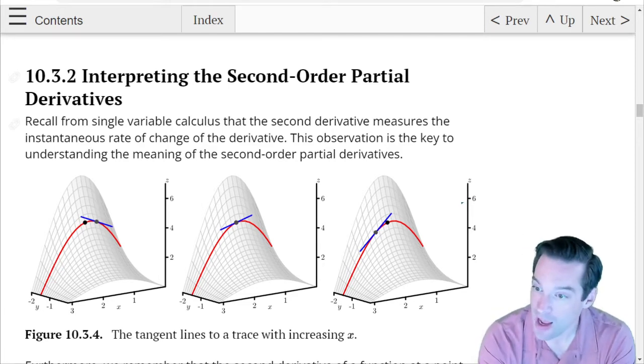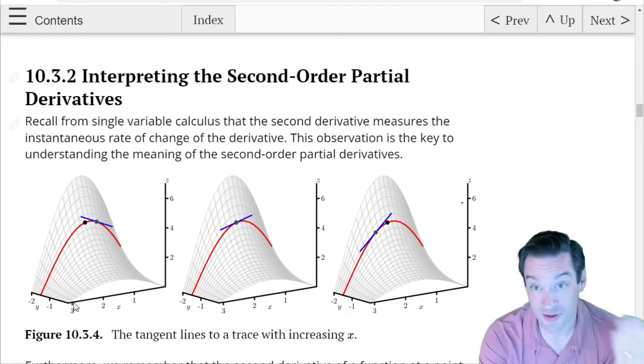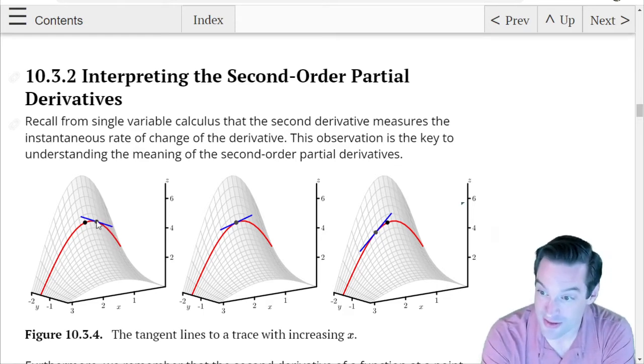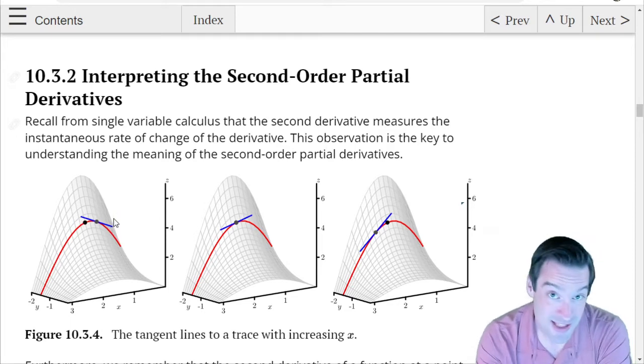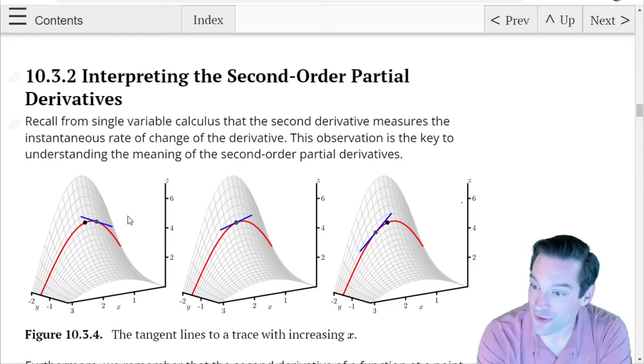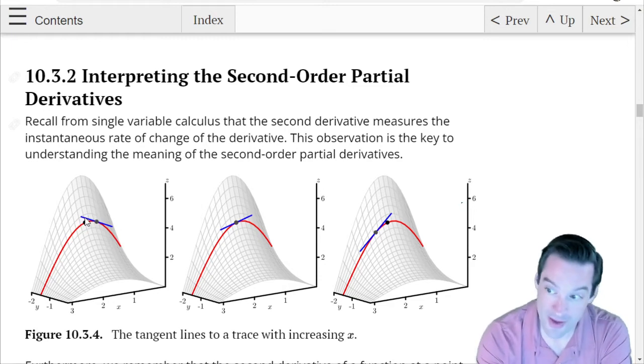And when I treat y as a constant, I'm isolating how the output z changes when I change just the input variable x. So y gets held constant and only x is allowed to change. The first derivative in the x direction is then telling me the slope of this tangent line. And so the x partial derivative of that is going to be telling me about how the slopes of these tangent lines change as I change the value of x.